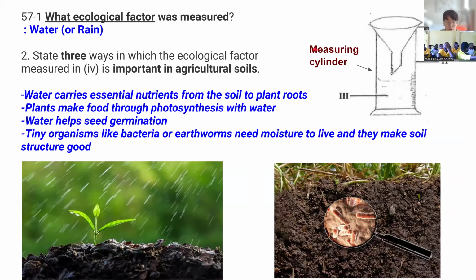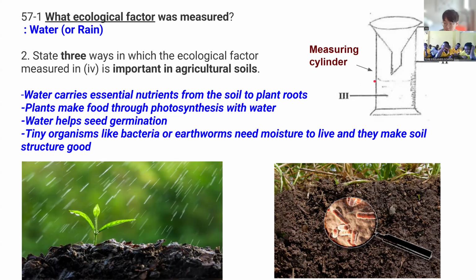Okay, let's move on to this question here. I think it's part of the theory question as well, but it asks what ecological factor was measured in this measuring cylinder.